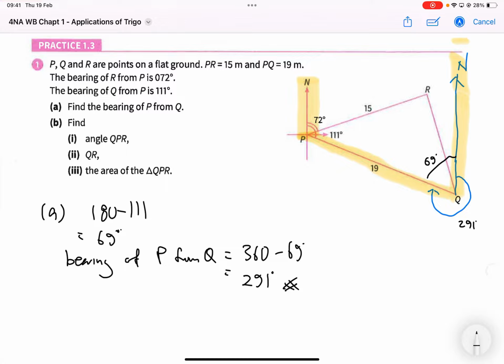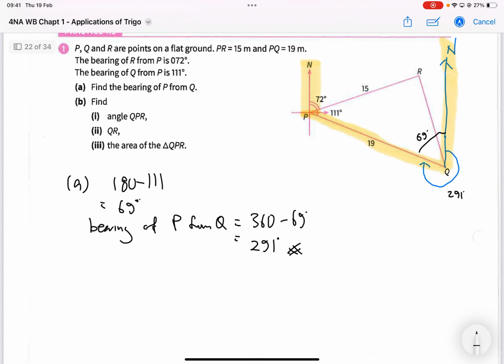Okay, find angle QPR. QPR. This whole thing is 111. Here is 72. So you can find this angle also. This angle is the difference between 111 and 72. Okay. So B1.